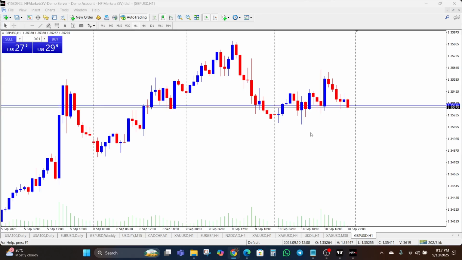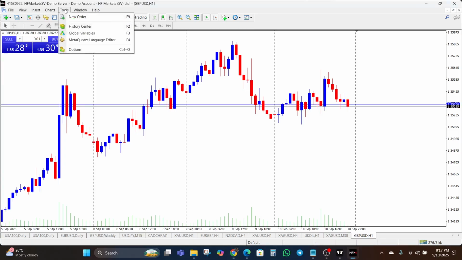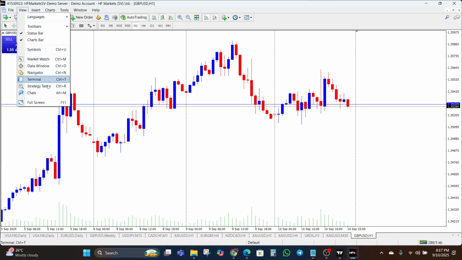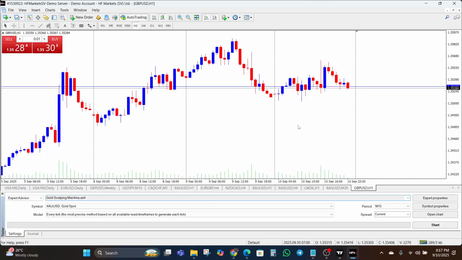Now, you might be wondering why you should use MT4 for backtesting. Well, MetaTrader 4 or MT4 is one of the most widely used platforms for Forex trading, and it comes with a built-in strategy tester, which allows you to run your trading strategy on past data.